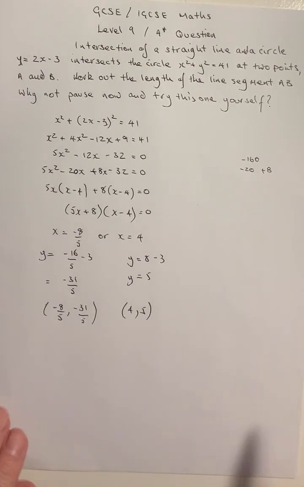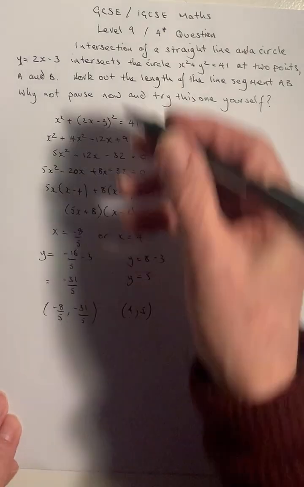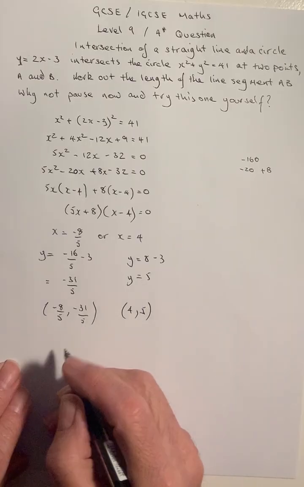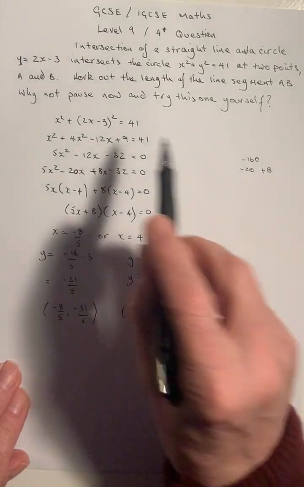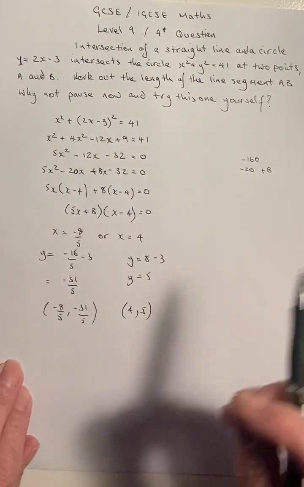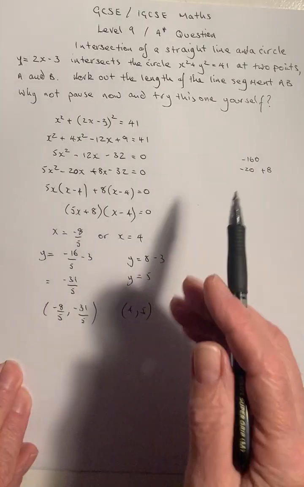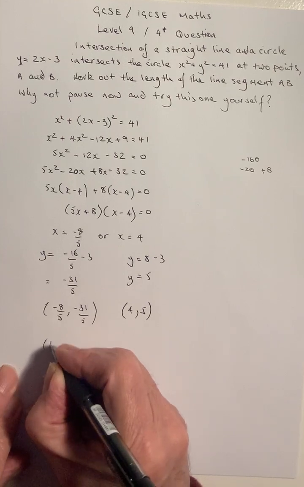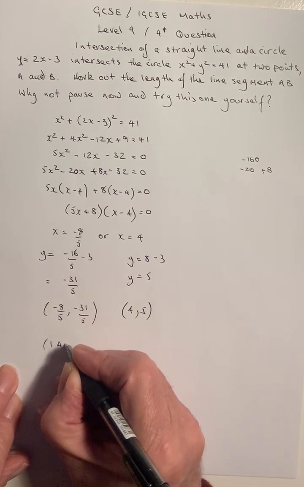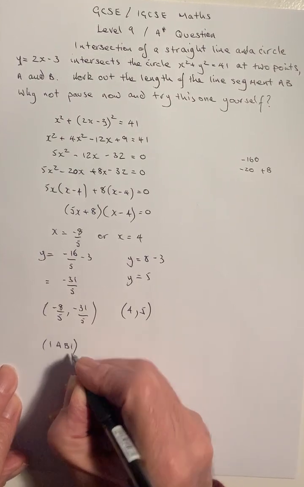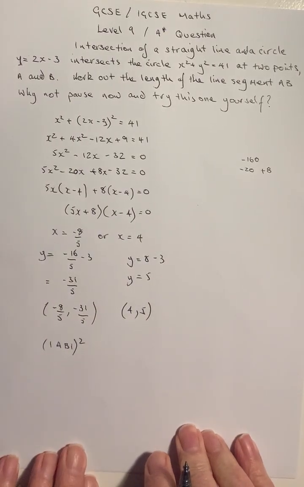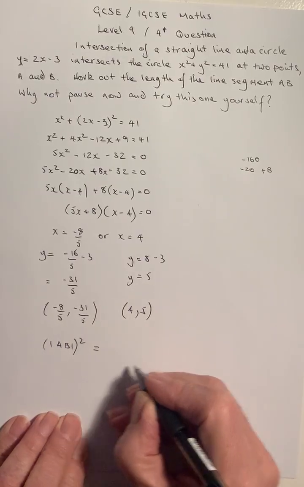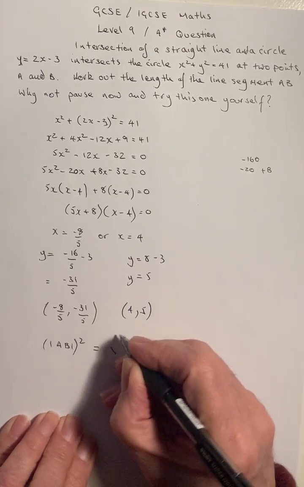The next step is step 2. That's step 1 finished there. Step 2 is to find the magnitude of AB. The magnitude of a line AB is its length. Okay, so we're looking for the magnitude of AB squared, because we're using Pythagoras. To do this, fairly straightforward.